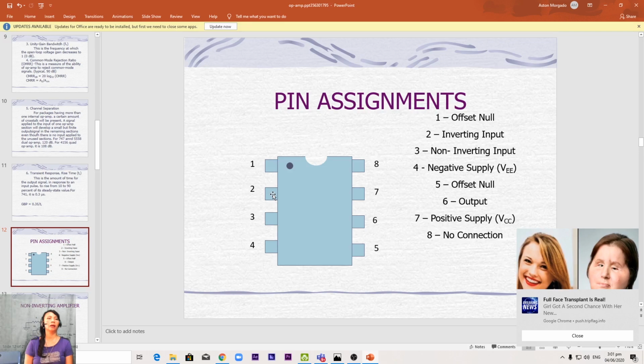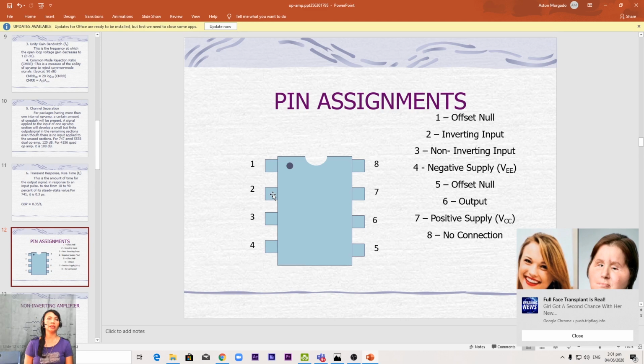However, there are times when the output is not 0 although the inputs are 0. That's when you use the offset null. You connect a potentiometer across pins 1 and 5.